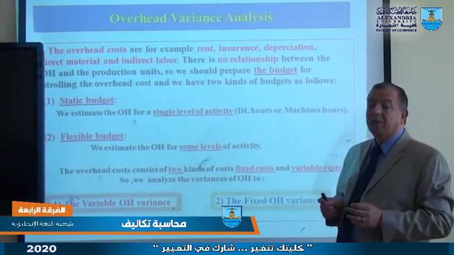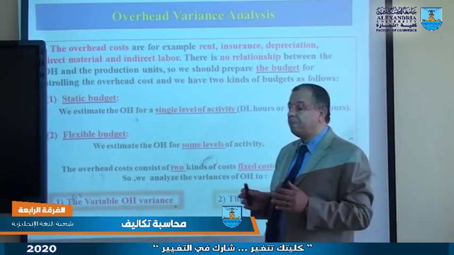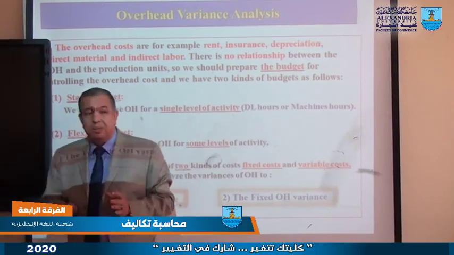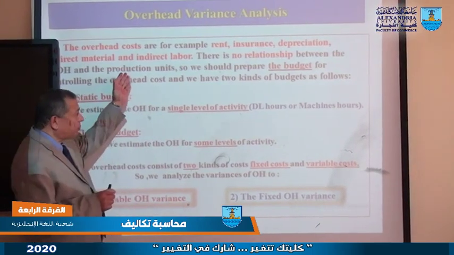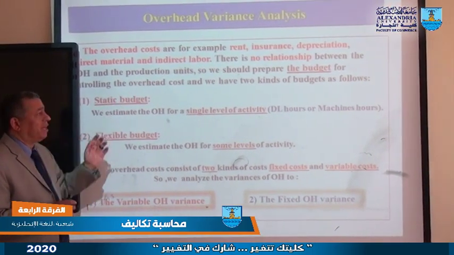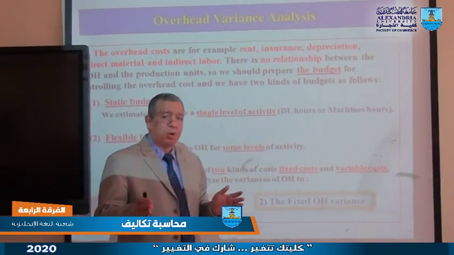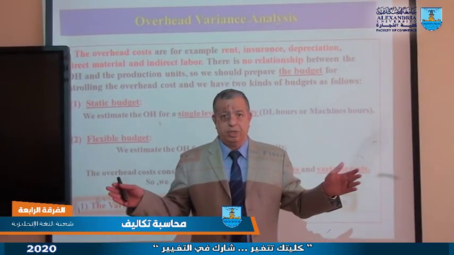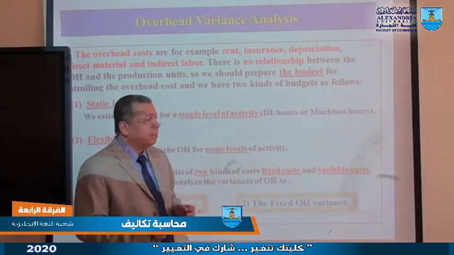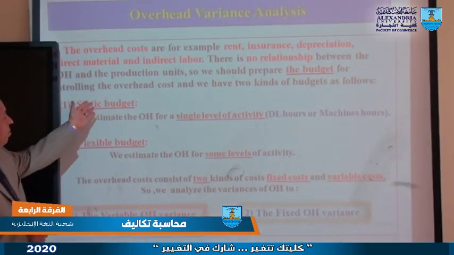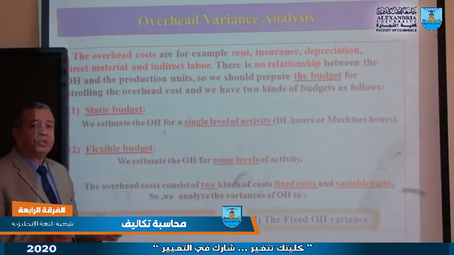how to prepare a budget. What I mean by budget is that we prepare the budget for manufacturing overhead. We have two kinds of budget. It's not my aim today to speak in detail about budgets. I have static budget and flexible budget.